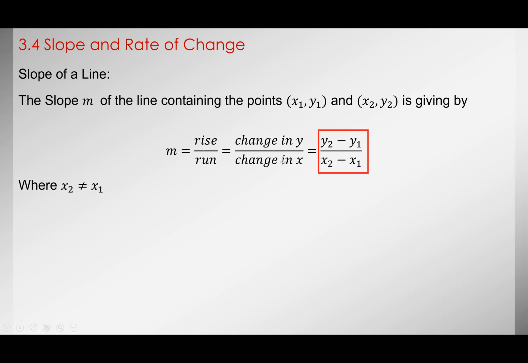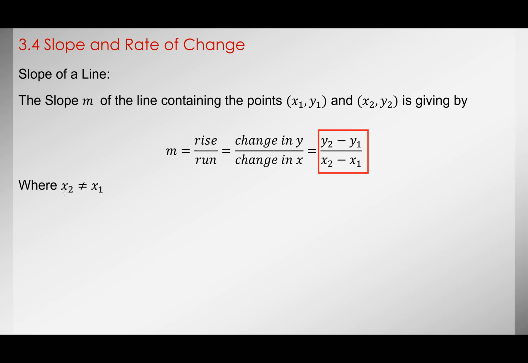So basically all you do is ask yourself, from any given point, do we go up or down? And then do we go to the left or the right? The rise means you go up or down, and the run will be left or right.